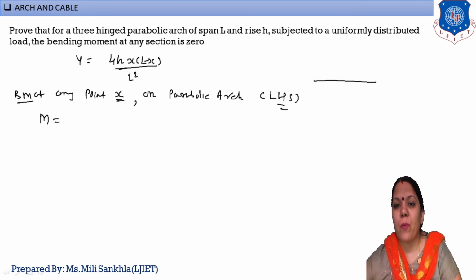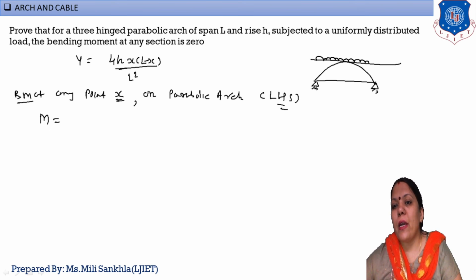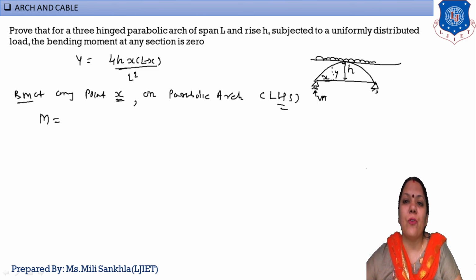It is our parabolic arch like this. This is our figure, with the support condition and load given like this: UDL on the entire span, middle height given as H, and from VA, suppose this is our distance X, and here we find the height, suppose equal to Y.